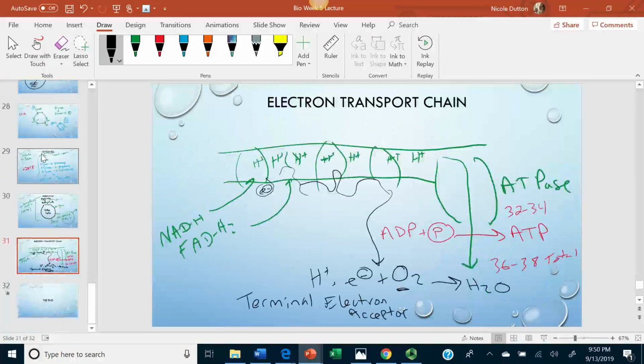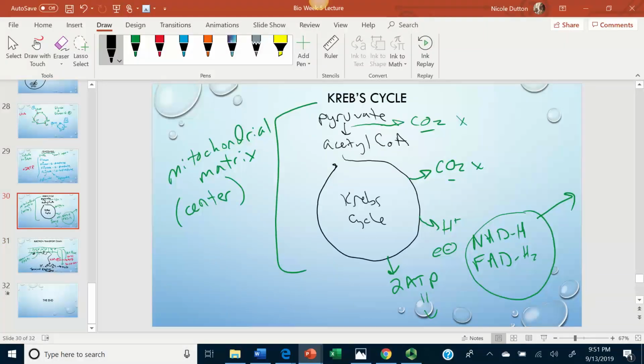If we don't have oxygen, these electrons and hydrogens back up. And then it's going to flood the electron transport chain, which stops the electron transport chain. And stopping the electron transport chain prevents these guys from being relieved. So these start to accumulate here, and we back up this whole cycle. Now, having excess hydrogen ions around creates an acidic environment.